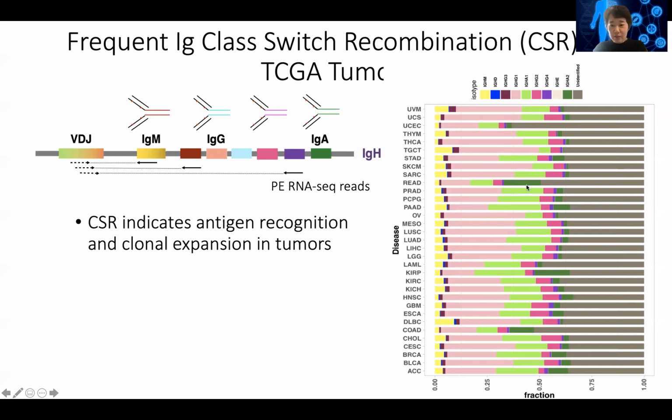And you can see the ones that have really high IgA, the green antibodies in here, are colon cancer and rectal cancer. This is similar to, let me see, where is gastric cancer? STAD, yeah, so gastric cancer also has this light green, which is IgA1.